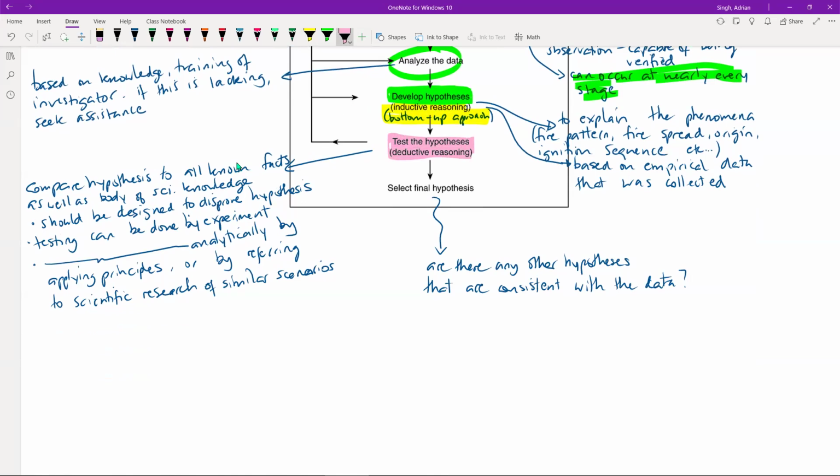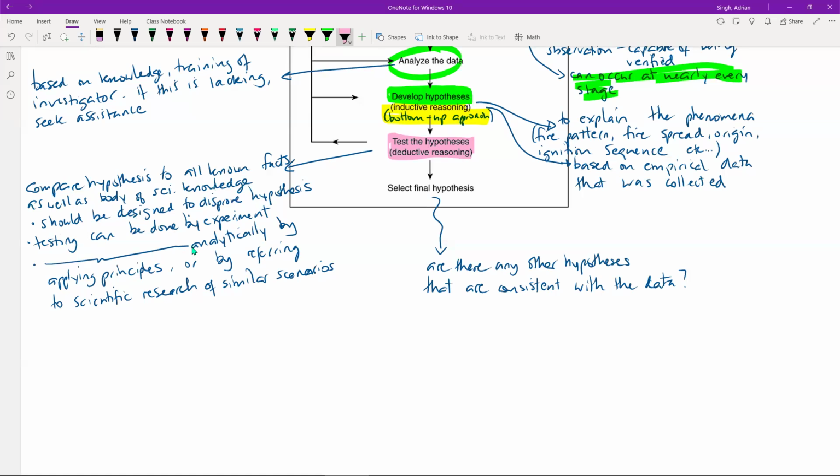So for example, developing a hypothesis and then comparing the hypothesis to all of the known facts, as well as any body of scientific knowledge. That's one way in which we can test the hypothesis.